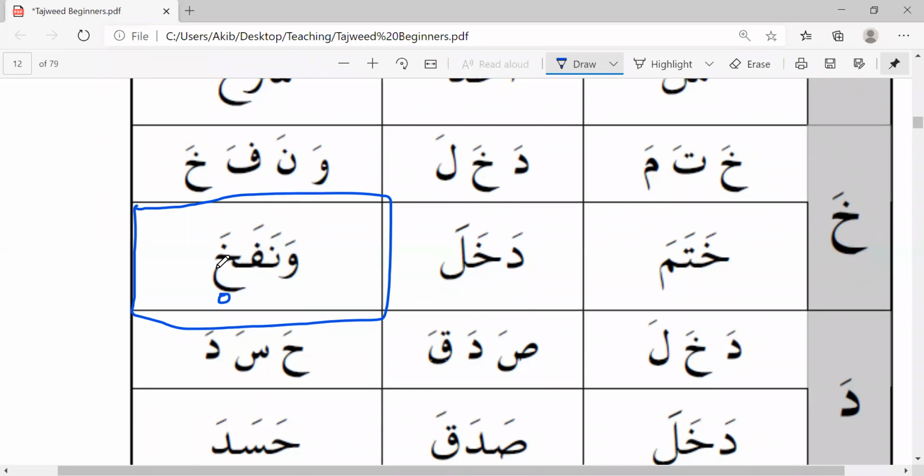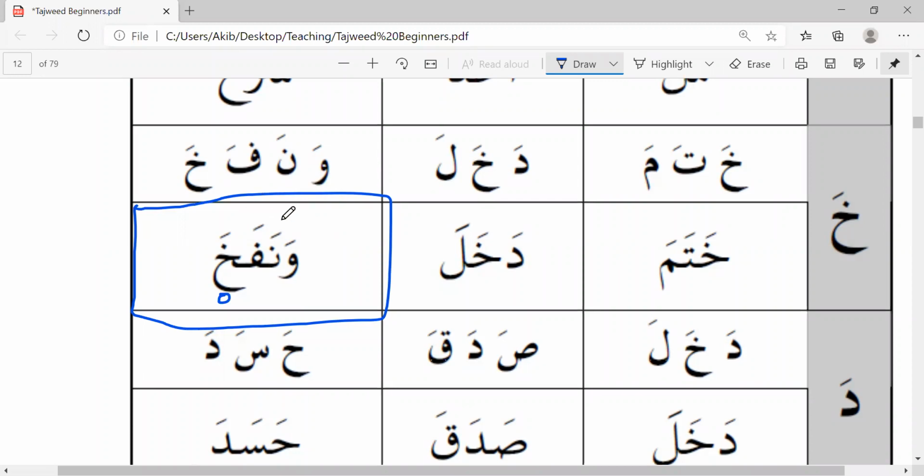Because now that I've joined it with the kha, I've made the fa heavy, okay? The kha is a heavy letter, but the fa is a light letter. So if you make a mistake like that, you should automatically recognize that you read it one way last time and you've read it a different way this time. Hang on, I've changed something. What have I done wrong?